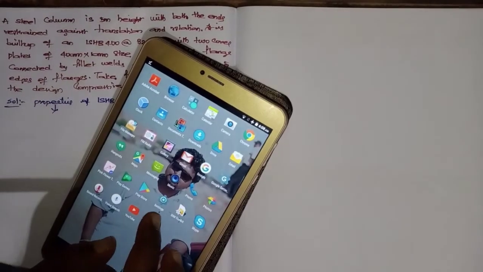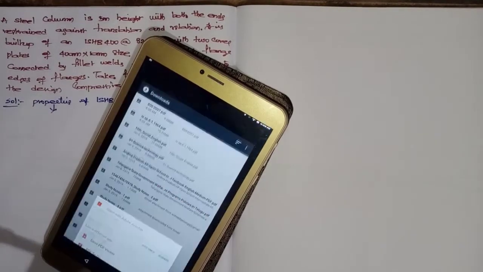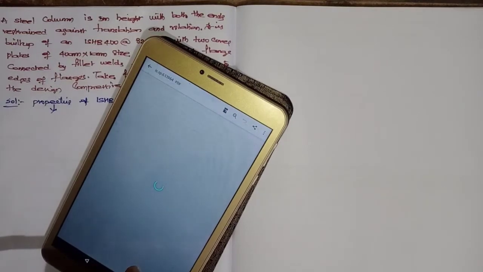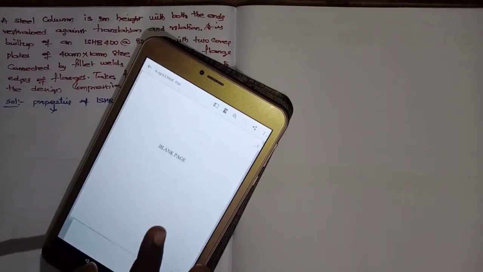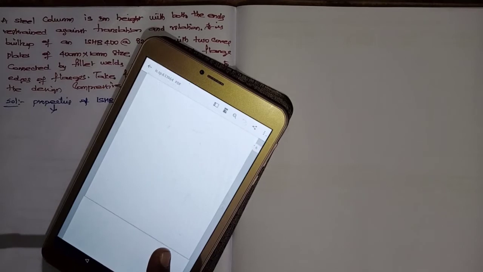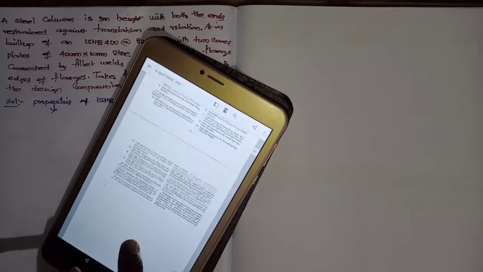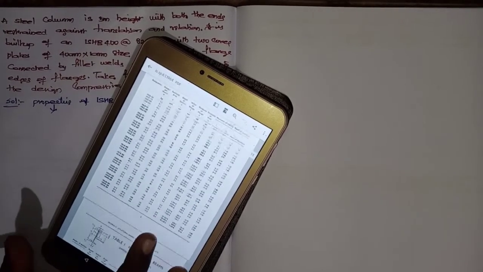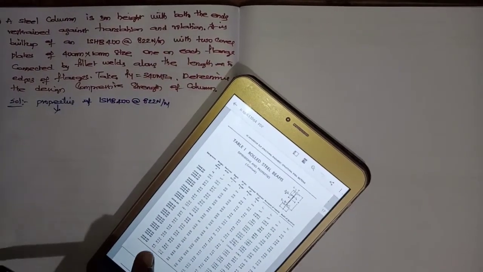If I go back to downloads, SP6 charts. So here ISHB 400 822 means this one.